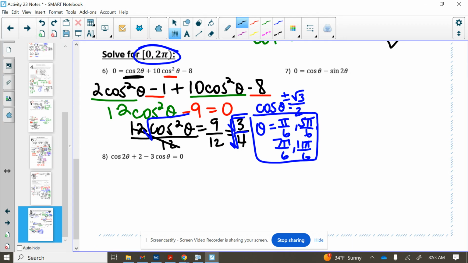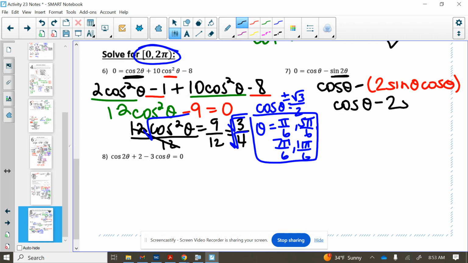In our next example, I have sine of 2 theta this time. So I'm going to have cosine of theta minus, and again, I'm going to be careful, I'm going to use parentheses just to double check, 2 sine theta times cosine theta. Now, in this case, these are being multiplied, so it's not really that big of a deal, but just in case I have to distribute, if I had addition or subtraction inside the parentheses, I want to make sure I have that. And again, this all currently equals 0.